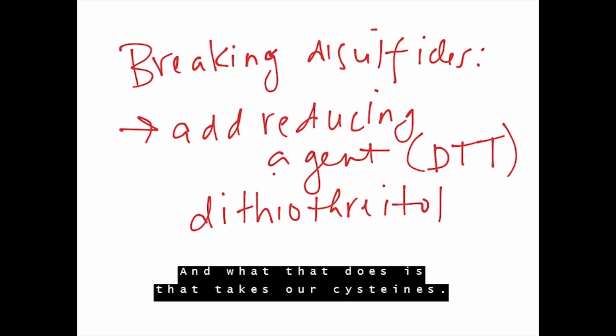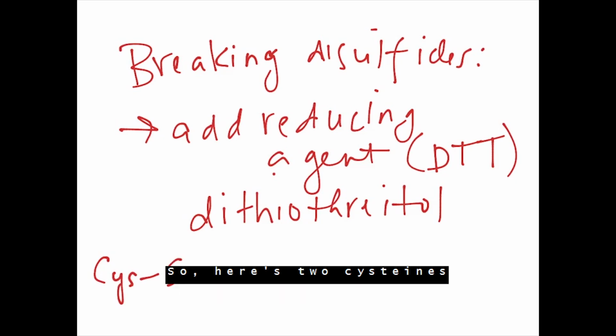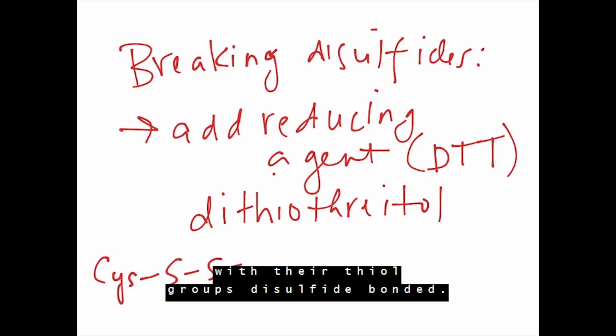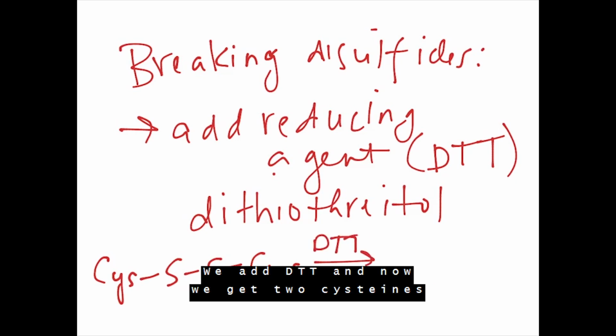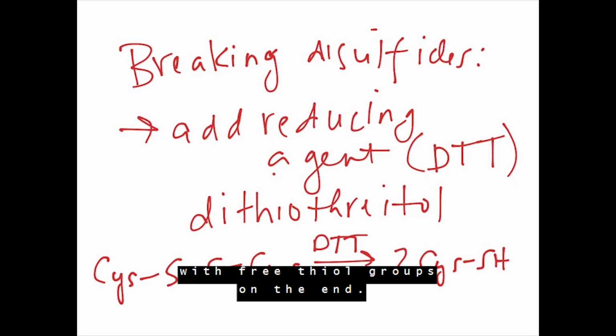What that does is it takes our cysteines, so here's two cysteines with their thiol groups disulfide bonded. We add DTT, and now we get two cysteines with free thiol groups on the end.